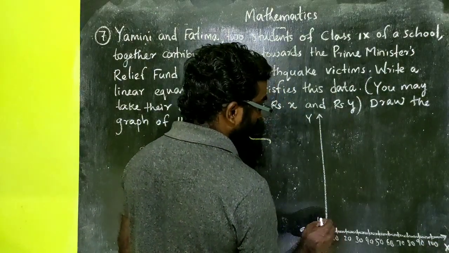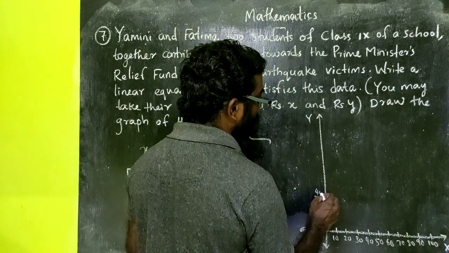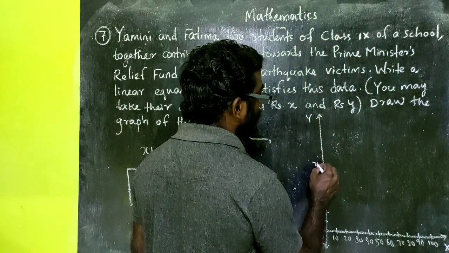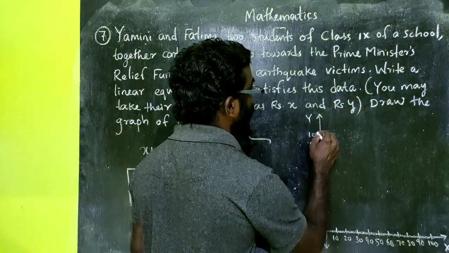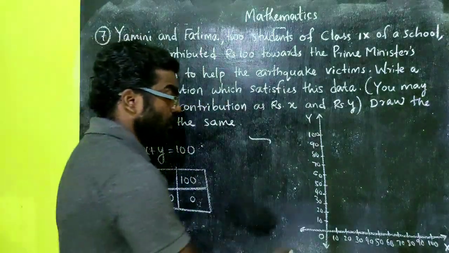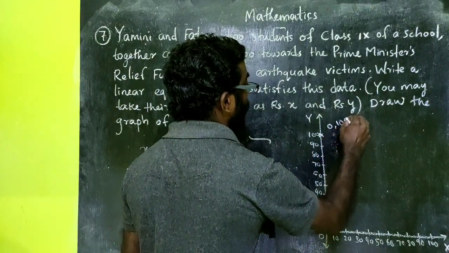Here also 10, 20, 30, 40, 50, 60, 70, 80, 90 and 100. The first point is (0, 100), here.